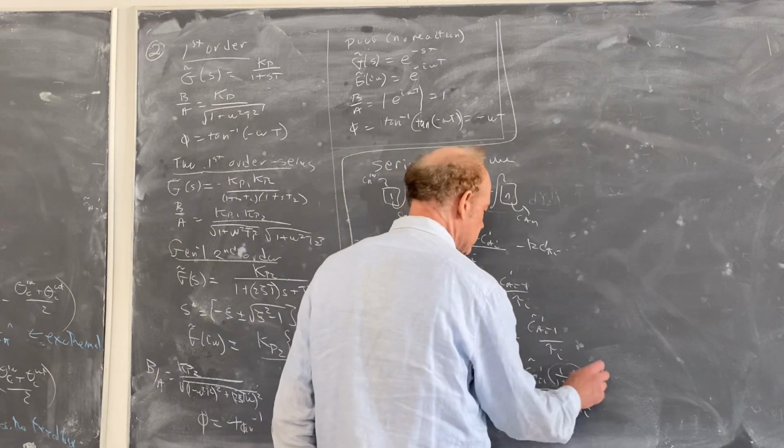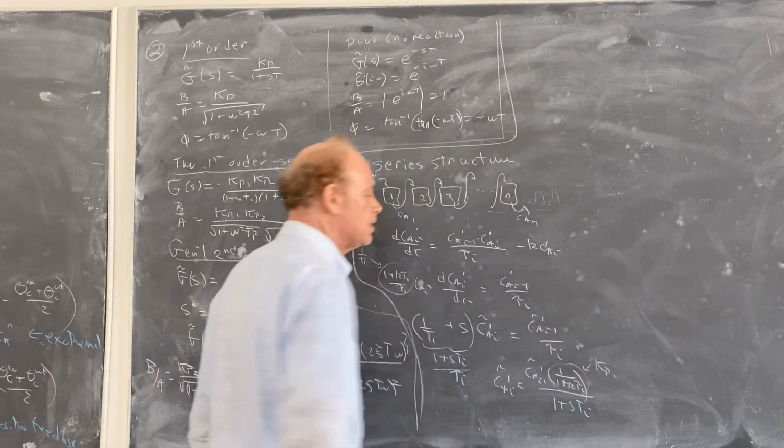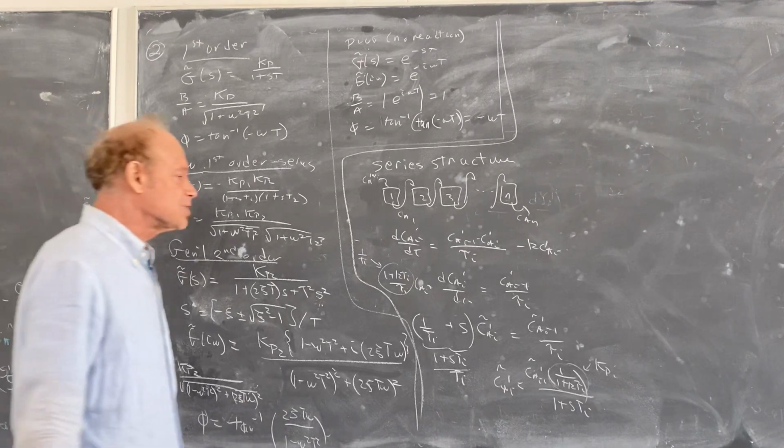And this first factor is what we typically call KPI, the steady state gain. So this is algebra I've done 1,000 times.